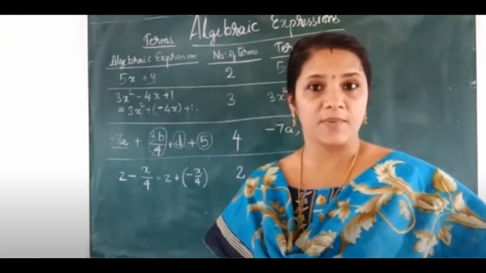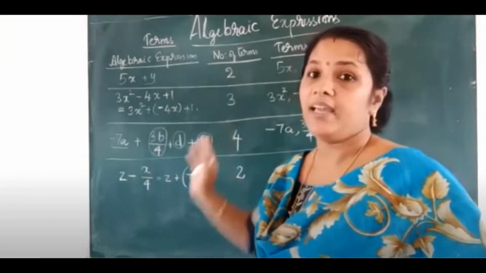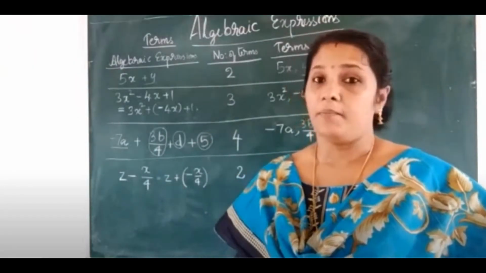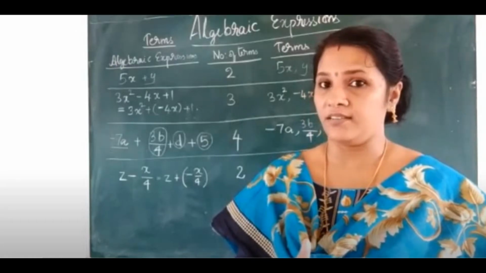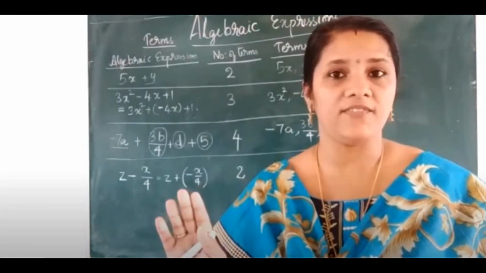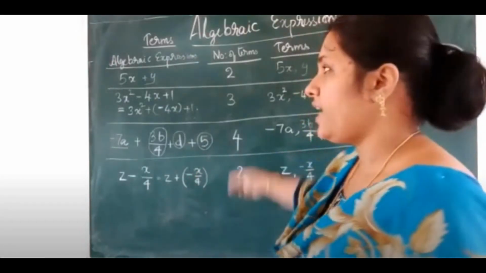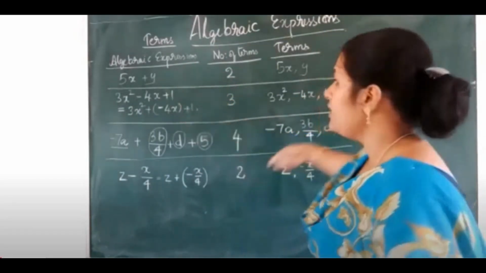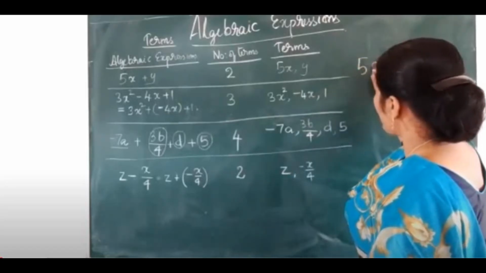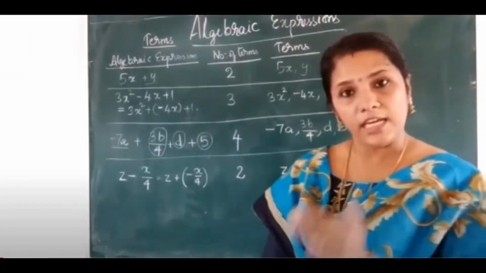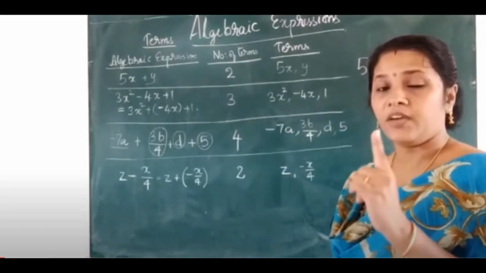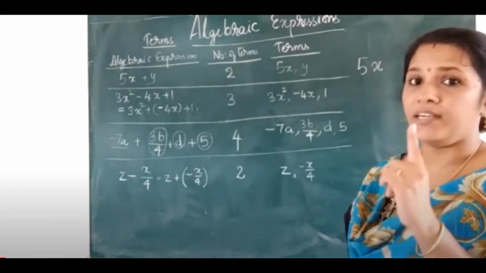Terms of an algebraic expression are divided by either addition or subtraction. And remember, multiplication and division do not divide the terms. Say, from the first example, 5x. 5x means 5 into x, but we consider it as only one term.